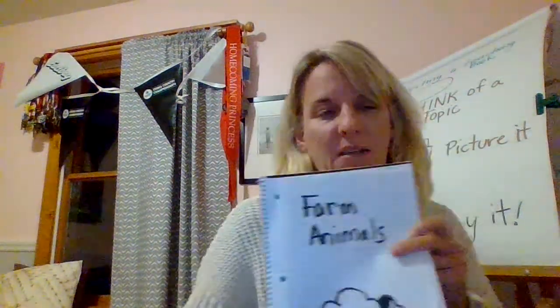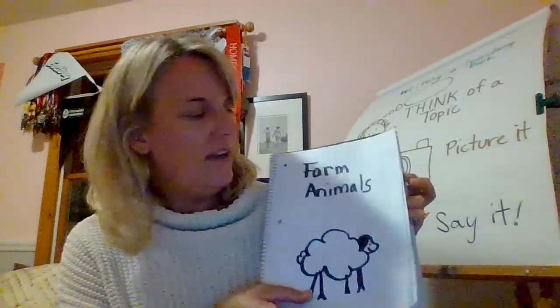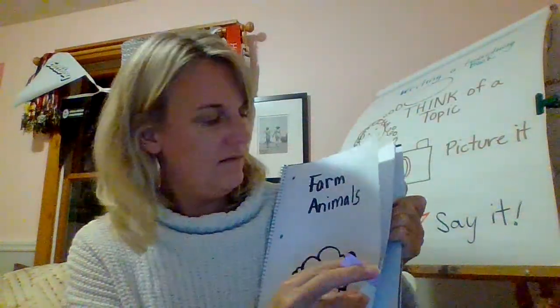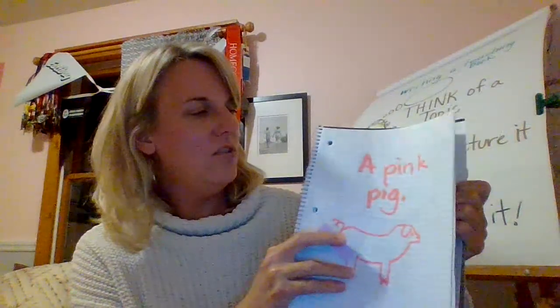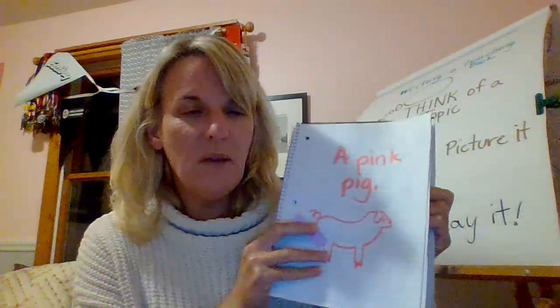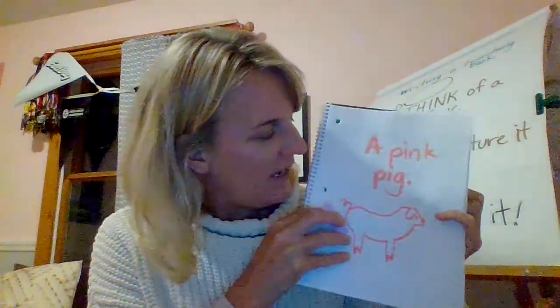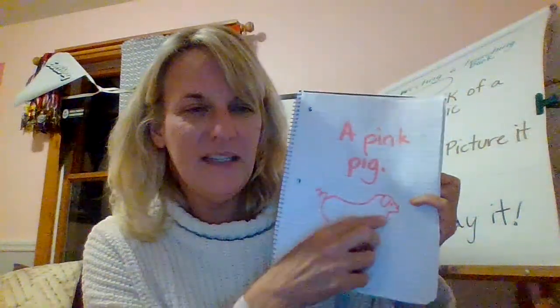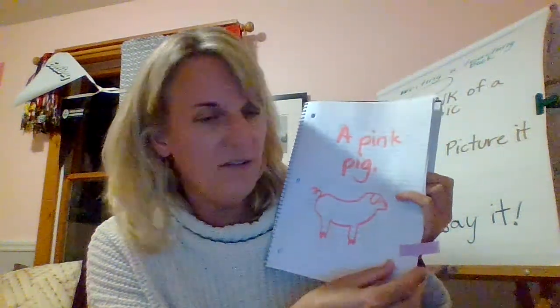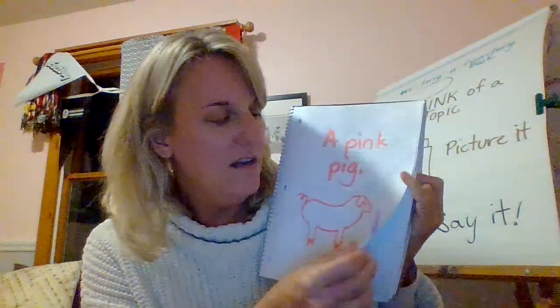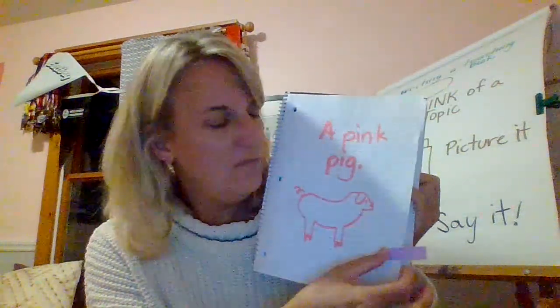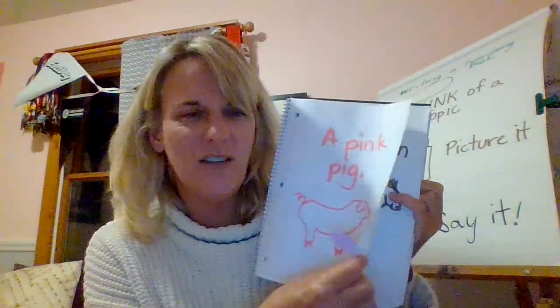So if I took my simple farm animal story, right, and the sheep is on the front, that's my title page, and then here's my pink pig. You know what? I think it would be fun to label the pig's tail and ears because they have a fun tail, right? So I'm going to put a sticky note on that page because on that page I want to add a label to his curly tail.